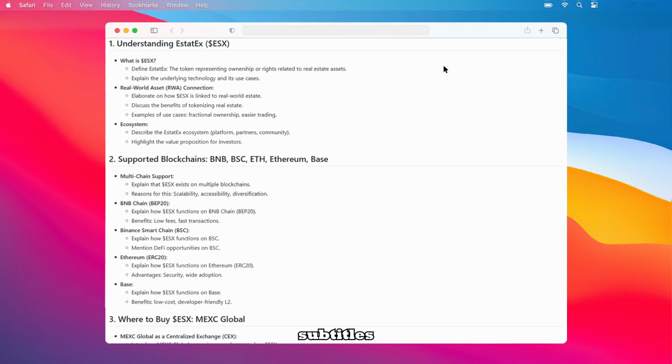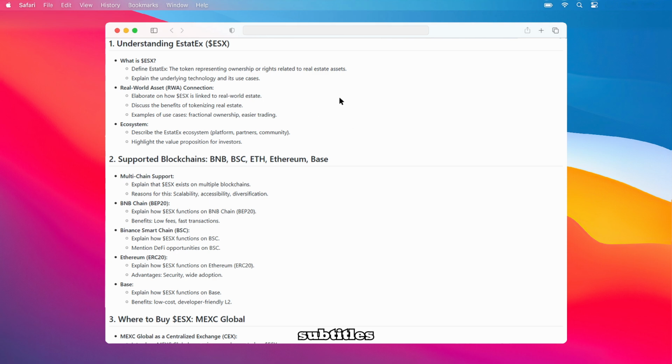A key aspect of $ESX is its presence on multiple blockchains: BNB Chain, Binance Smart Chain, Ethereum, and Base. This multi-chain support enhances scalability, accessibility, and diversification. On BNB Chain, operating under the BEP20 standard, $ESX benefits from low fees and fast transactions.